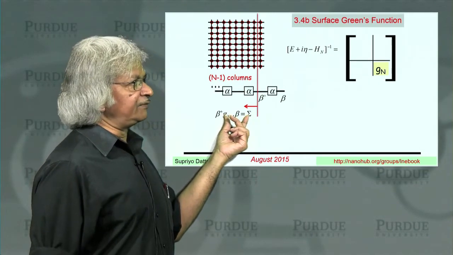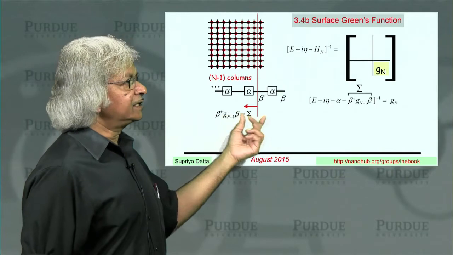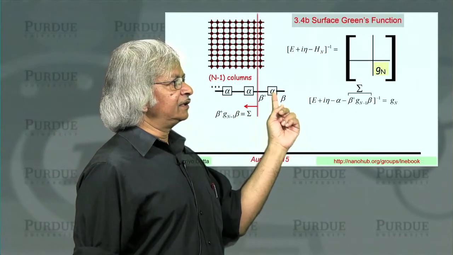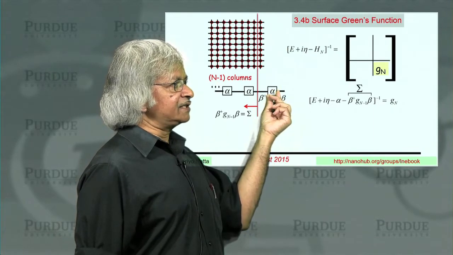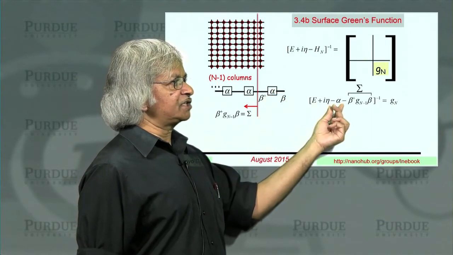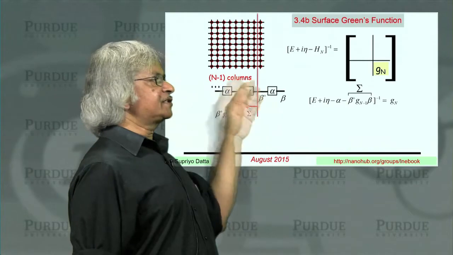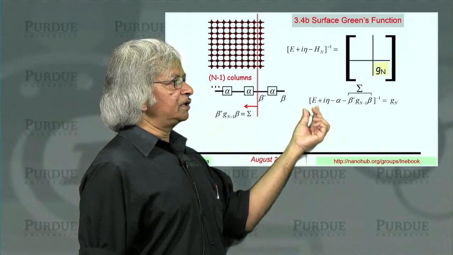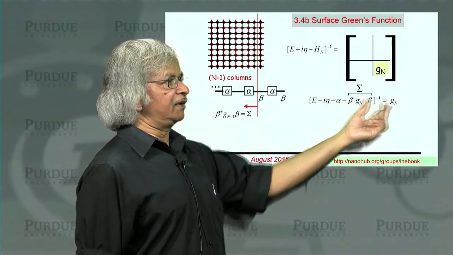And using this self-energy, you could then write this inverse as, you see, at this point, this is my device, its Hamiltonian is just alpha, and for the rest of it, I'll just write the sigma. So E minus H minus sigma inverse.